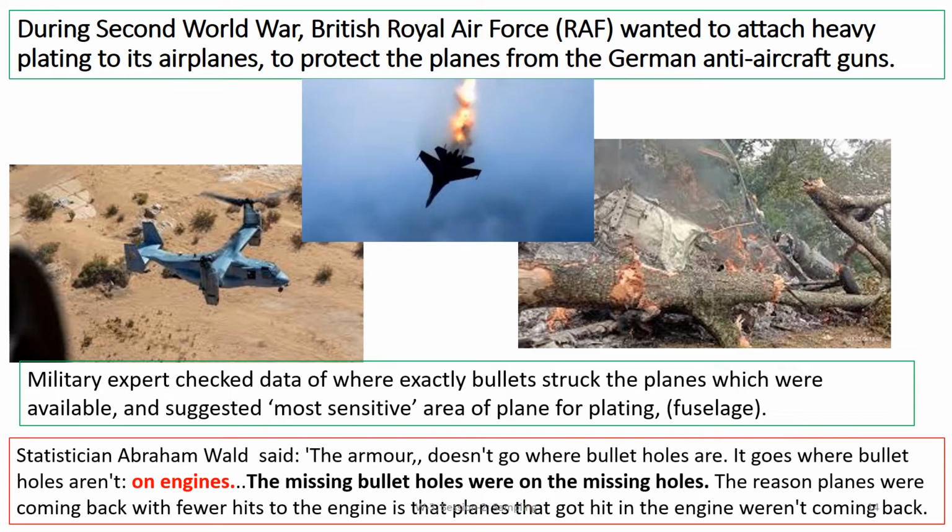Now the strategists, particularly from the British Royal Air Force, wanted to protect their fighter planes by plating them, and the plates are very heavy, so they wanted to plate the portions of the fighter planes where it is most hit. Repeating, they wanted to survey which portions of the fighter plane are usually hit by the enemy guns.